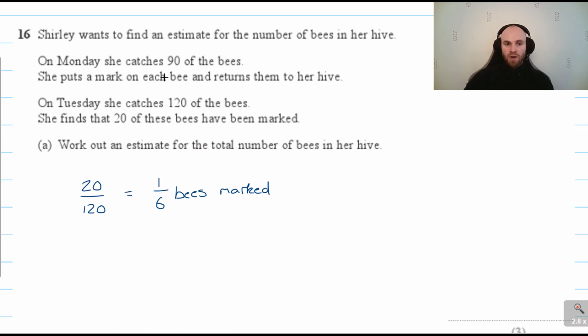On Monday, she caught 90 bees from the hive. On the following day, she realized that a sixth of them had been marked. So we can assume that the 90 bees she caught on Monday are the equivalent of 1/6 of the total number of bees.